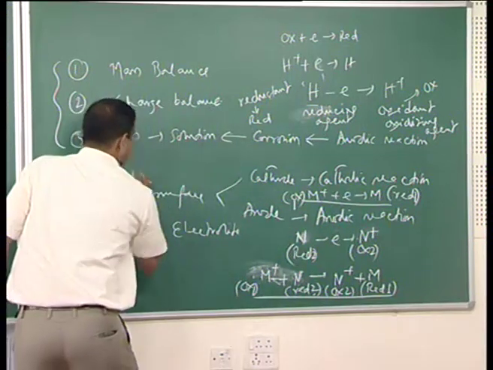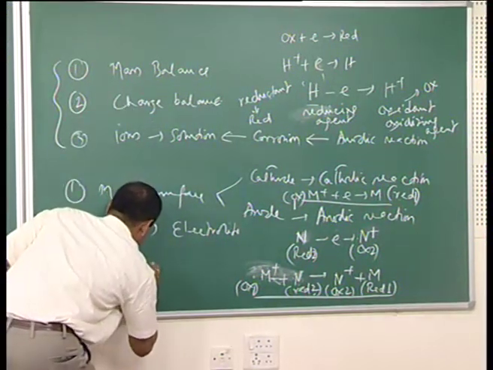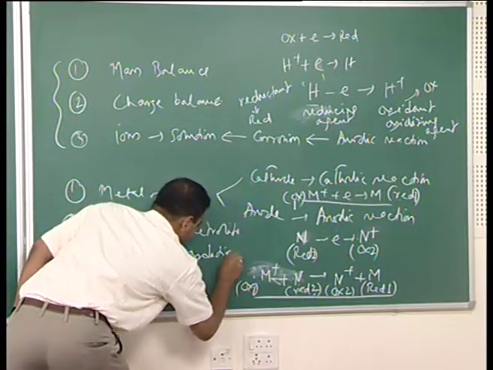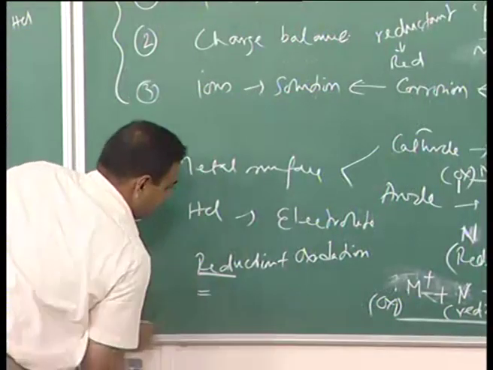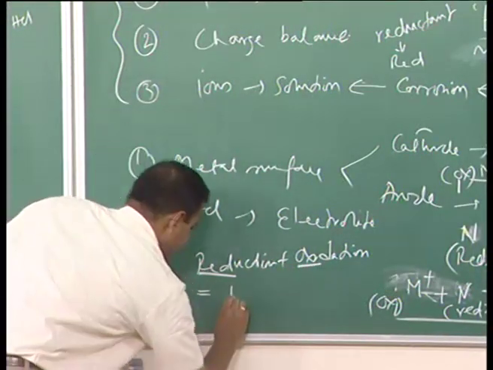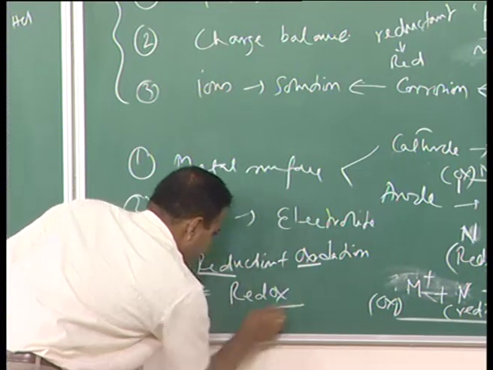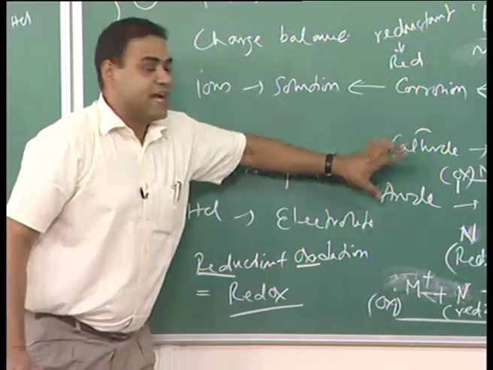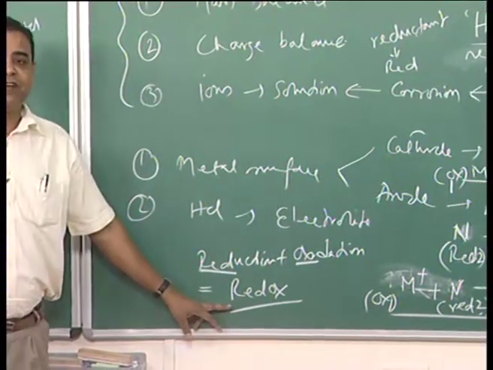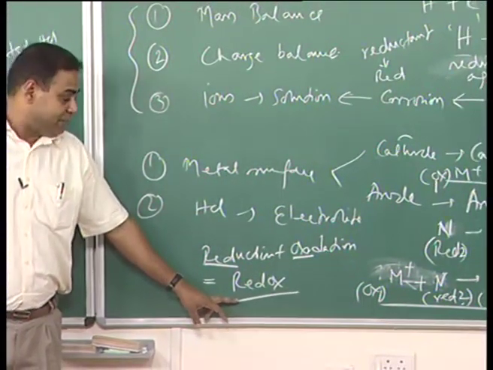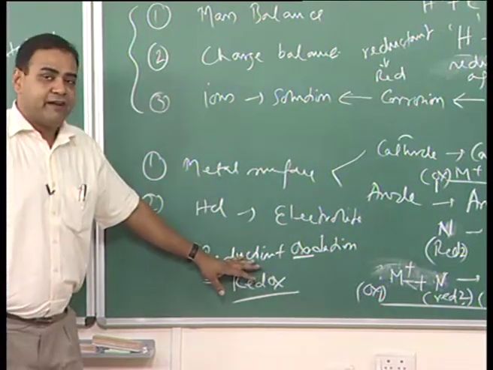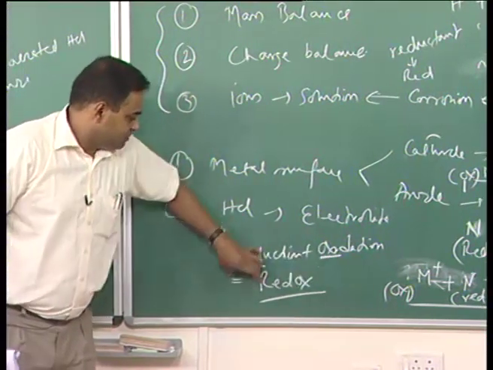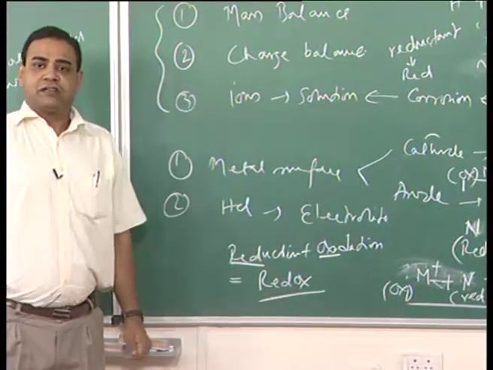If you combine reduction plus oxidation, it goes to redox. So if you combine cathodic and anodic reaction, in one case reduction, in one case oxidation, and this combined part is a redox reaction.